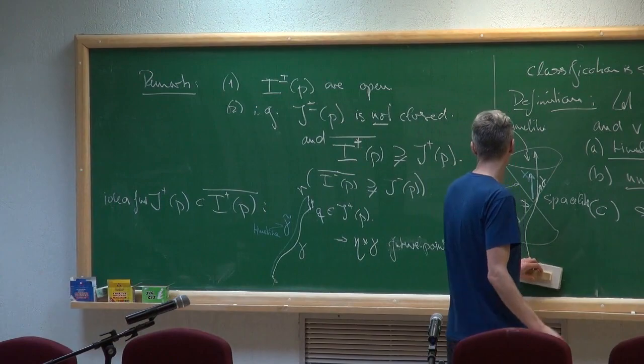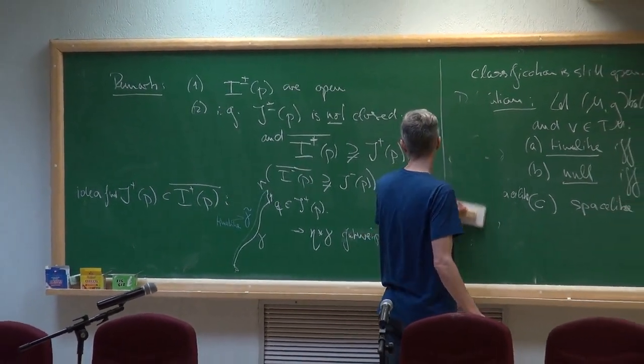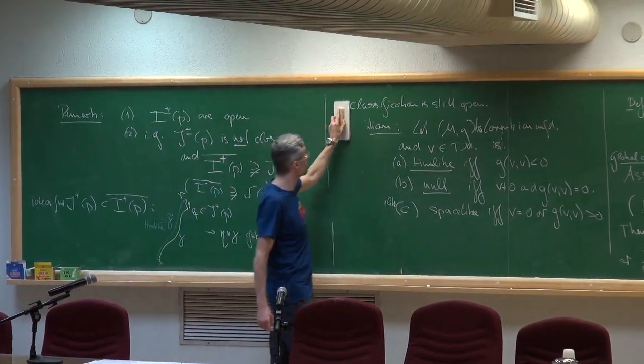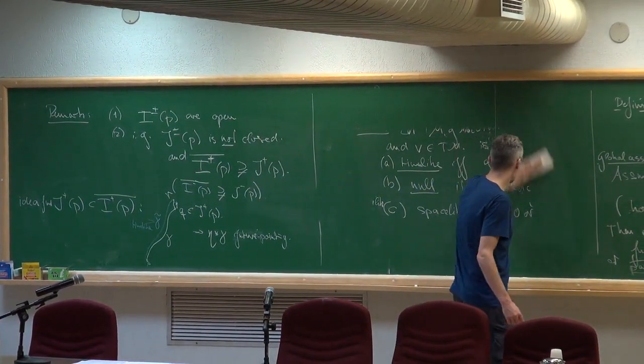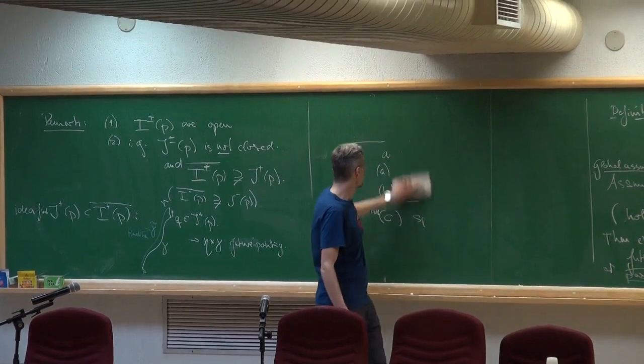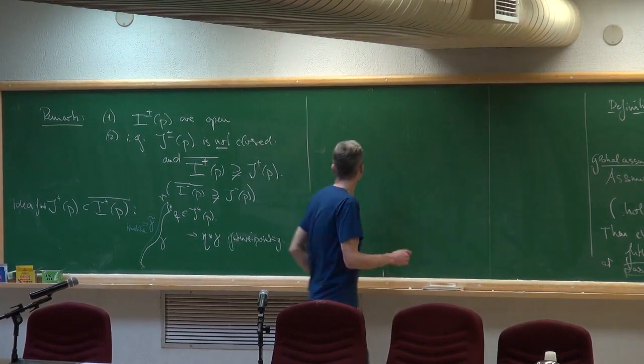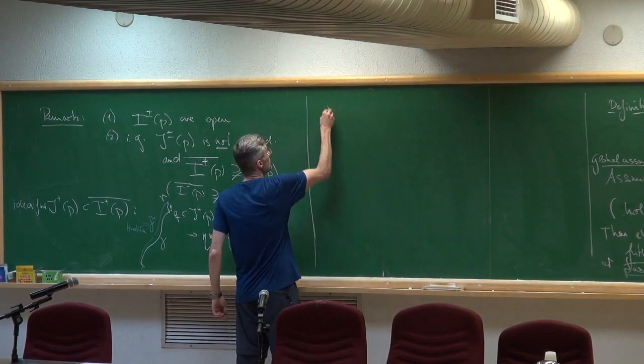So, now, if I know that these I plus here, these things are open, I can actually prove to you why physicists don't look at closed space-times. It's the following theorem.